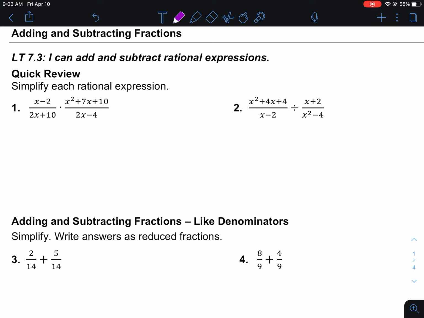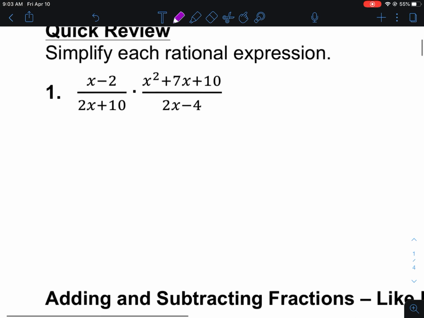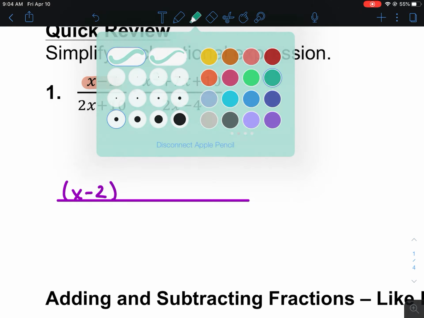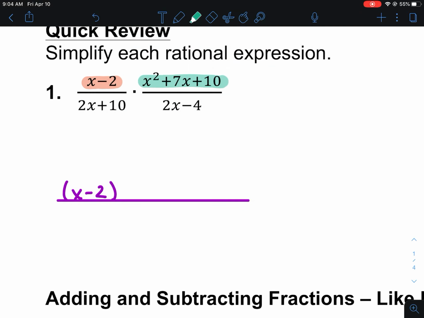All right, so for number 1, as you guys already talked about multiplying, you're just going straight across. Okay, and then we're going to look at anything we can factor. So that first piece there, we can't do anything with factoring, so we're just going to leave it as x minus 2. The second part here, x squared plus 7x plus 10.